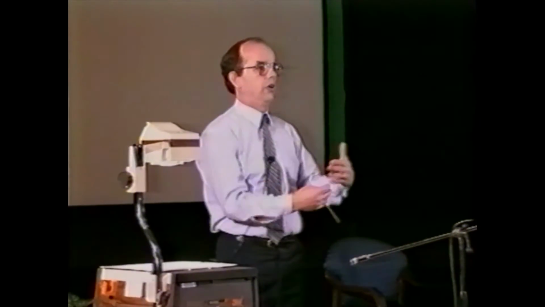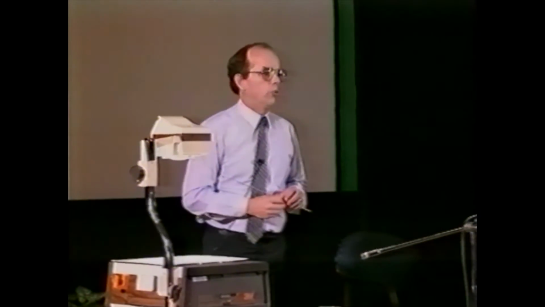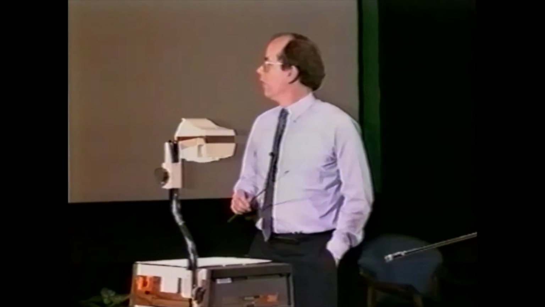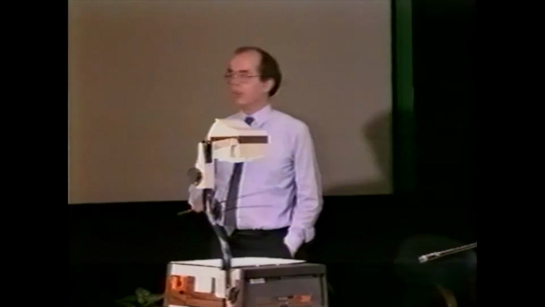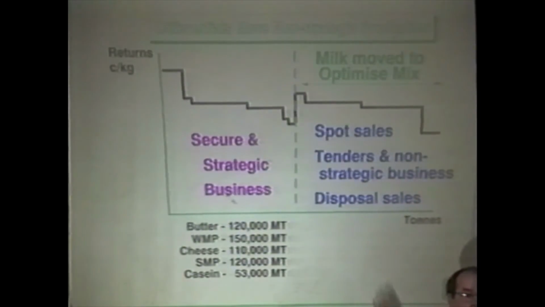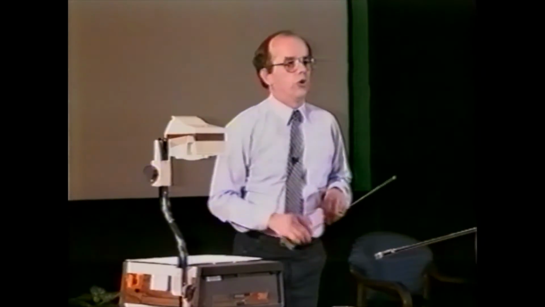We found the milk for it, firstly looking within the milk powder division, but if not, asking for it to be reallocated from other products. If any opportunity like that comes along, the milk will flow into it until we finish up with the last 1,000 tonnes of each product returning the same earnings.